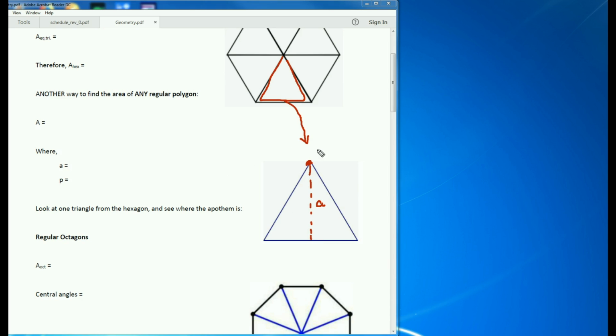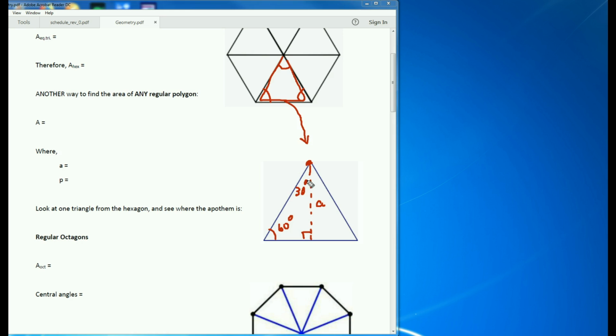So this is one equilateral triangle from a regular hexagon. So we know each of these angles is 60 degrees. So therefore, let's just bring it back down here to the one triangle. So we know that this is 60 degrees. And we know this is perpendicular, so it's 90. So therefore, this is 30 degrees.